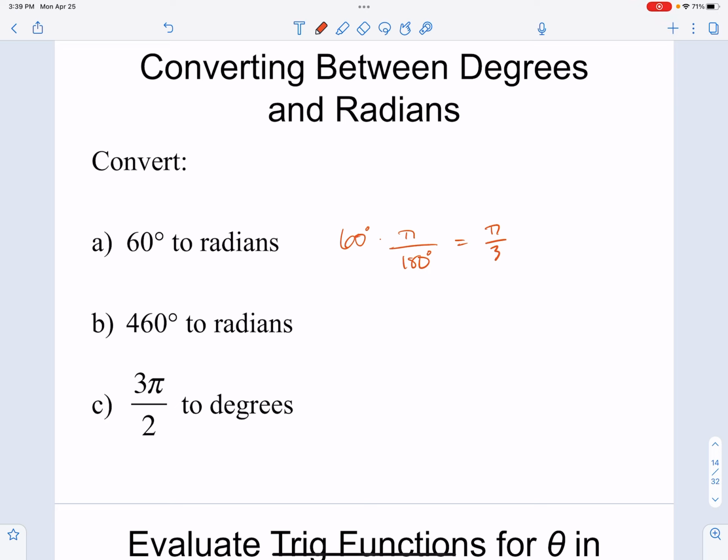And then to go from 460 degrees to radians, that would end up being 23 pi over 9.